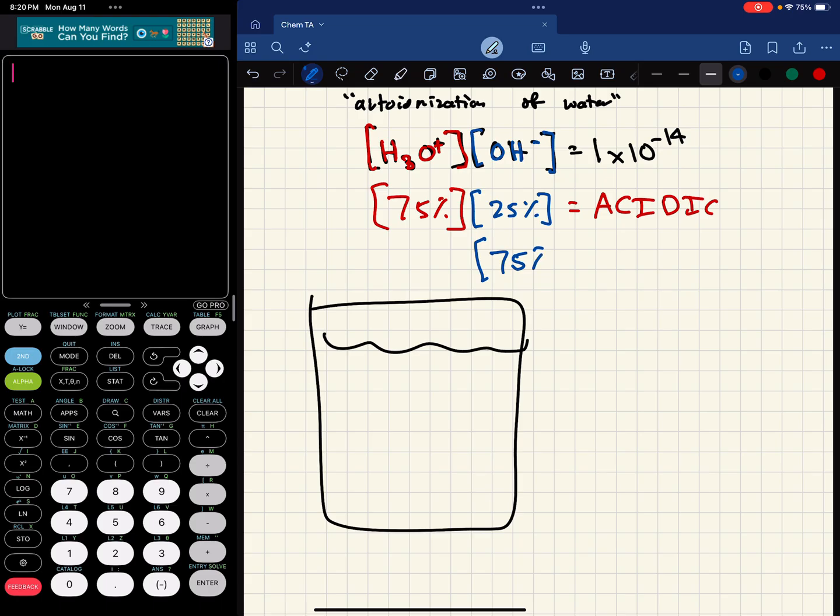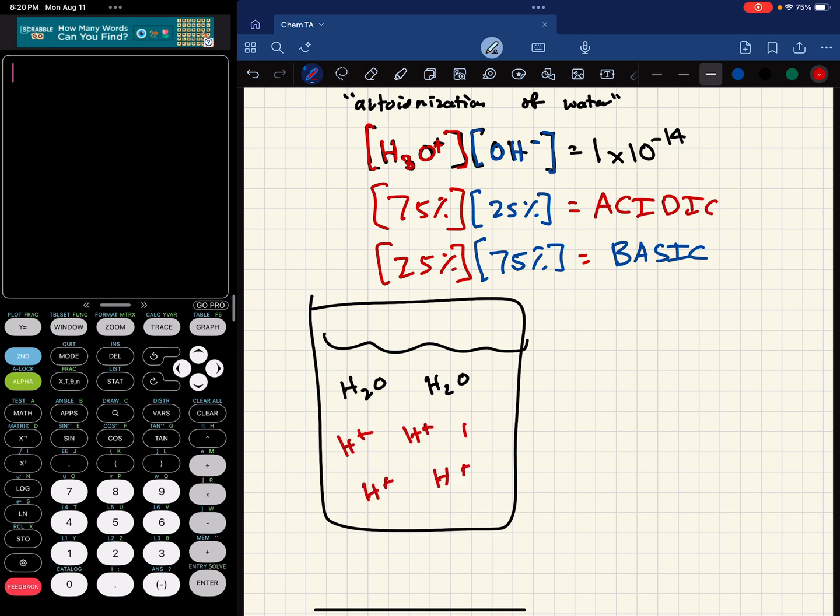If I have 75% OH concentration, 25% H plus concentration, or H3O plus, it's going to be basic. Okay? And this is just if we're looking in water, we have our H2O, this is all H2O. If we have more of this, H plus, H plus, H plus, H plus, H plus, right? And then there's one OH minus. This is going to be a really acidic solution.